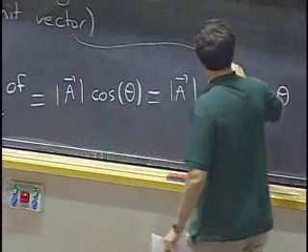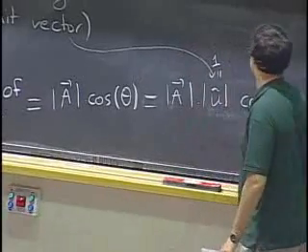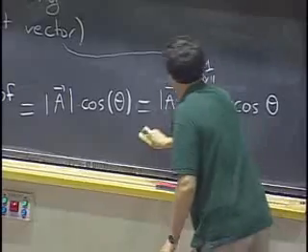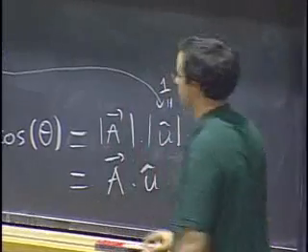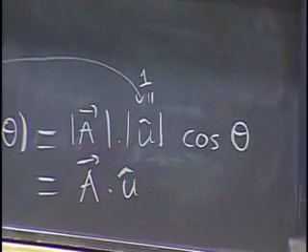That means this is equal to 1. And so that's the same as the dot product between A and U. Okay? So that's very easy.